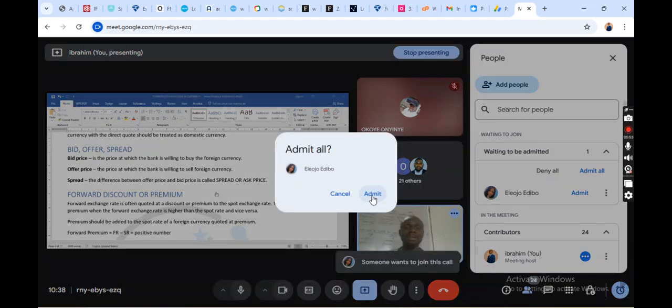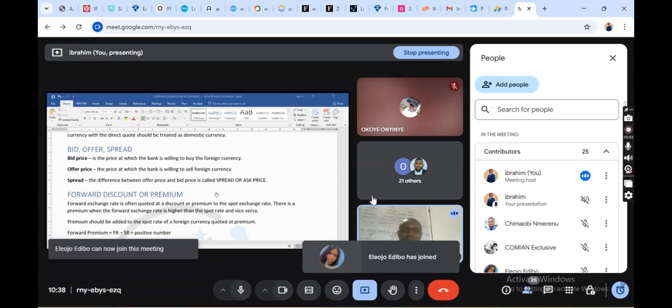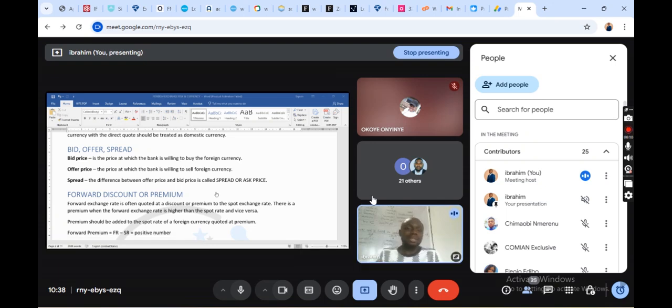And don't forget, this business, they know how to do it. They want to make more profit. They may end up selling it at probably 1,700, so that they will have more profit. Let's say the spot rate ranges from 1,500 to 1,650.